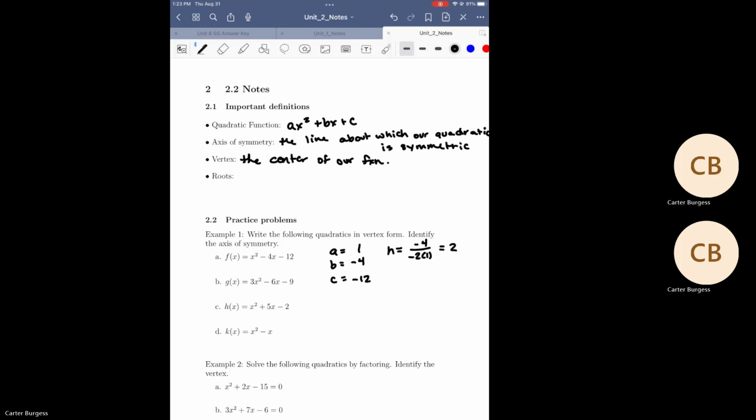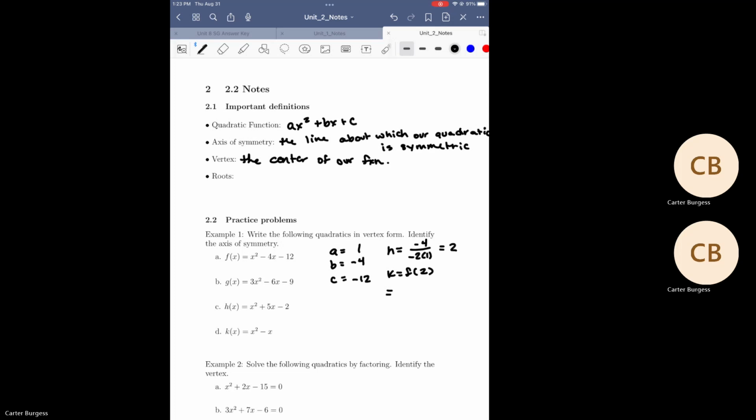All right. How do we find k? Well, you could memorize that formula. Again, you don't need to. k is just f of h, which we already know what h is. h is just 2. So this is f of 2. What is our function evaluated at 2?